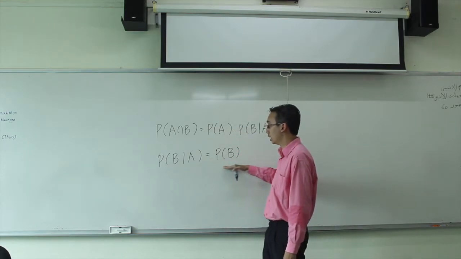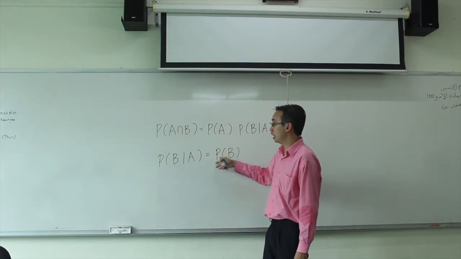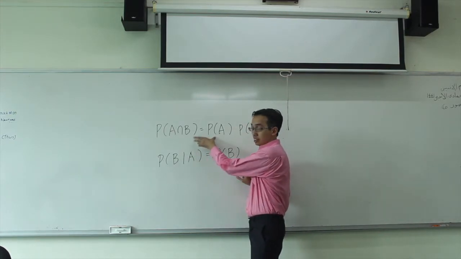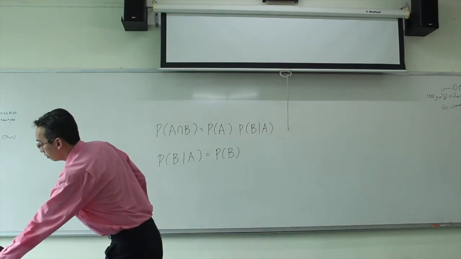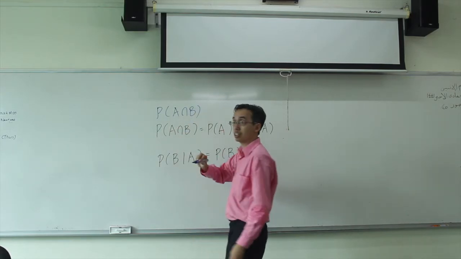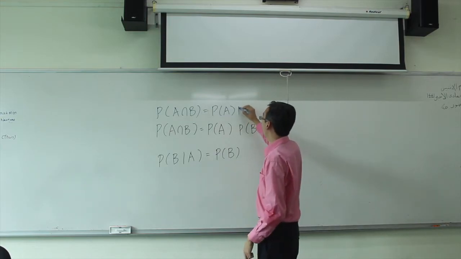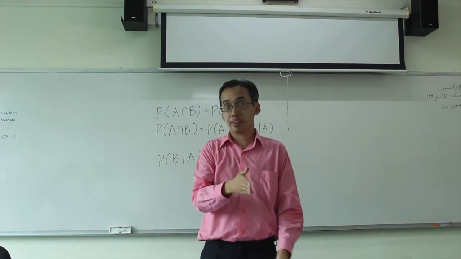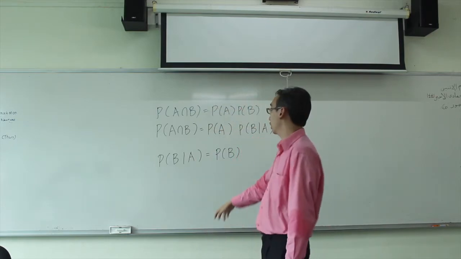So we have this particular identity: probability of B given A for independent events must always be equal to probability of B. If we put this back into the equation, we arrive at probability of A intersect B is equal to probability A times probability B. So if you want to find the intersection, for example, probability of head in the first flip and probability of tail in the second flip, all we have to do is multiply both probabilities together.